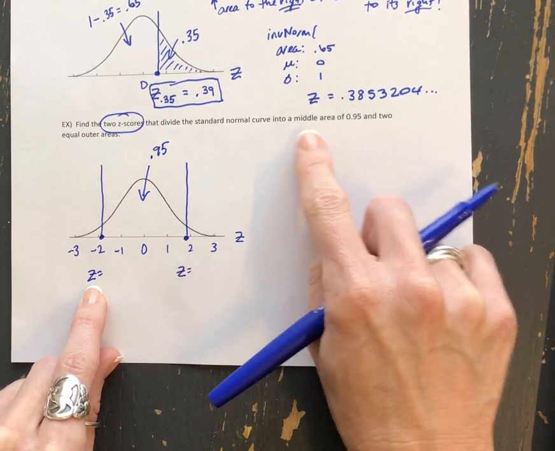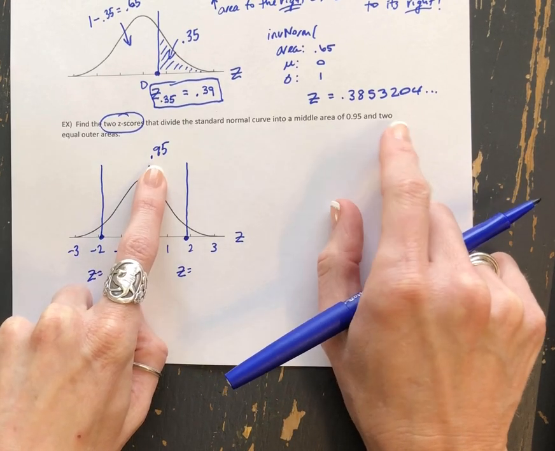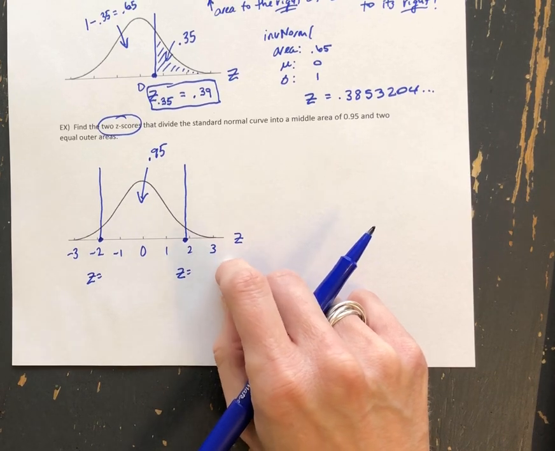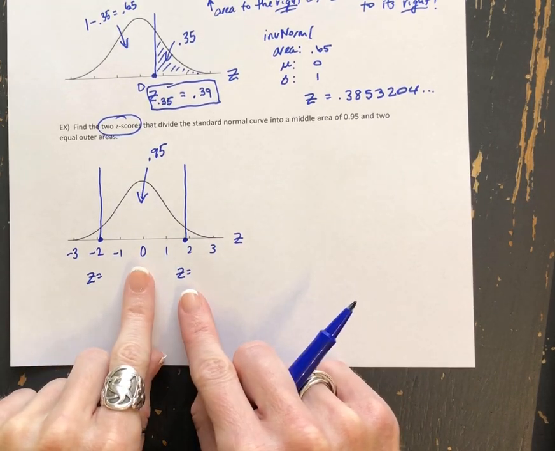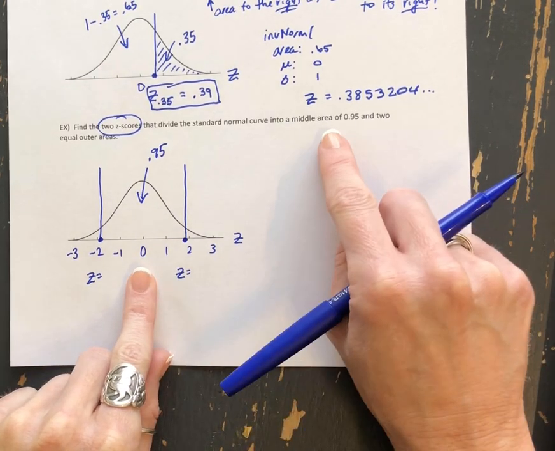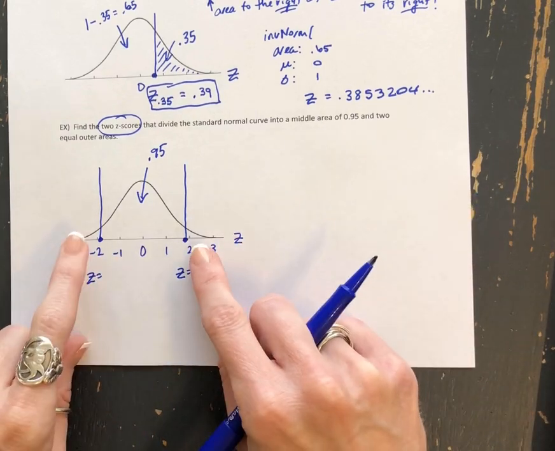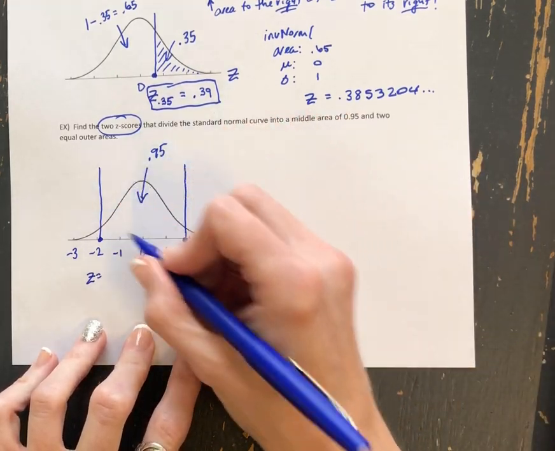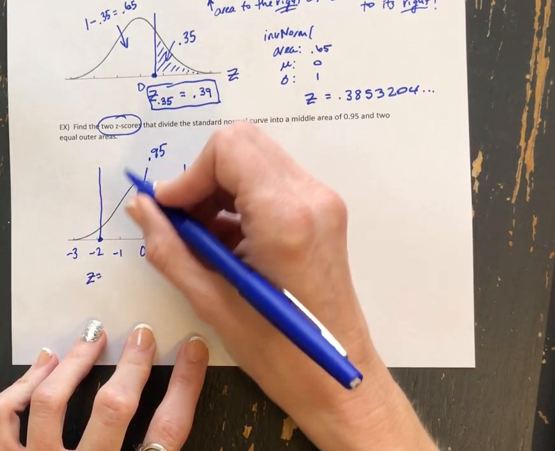Okay, and it says the middle area needed to be 0.95 and then 2 equal outer areas. One thing you can tell, again, because the curve is symmetric, and we're trying to find a middle area, that means the area in each of these tails is going to be equal. We know 95% of the area is in the middle.